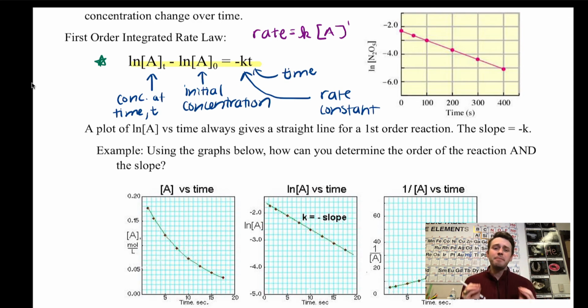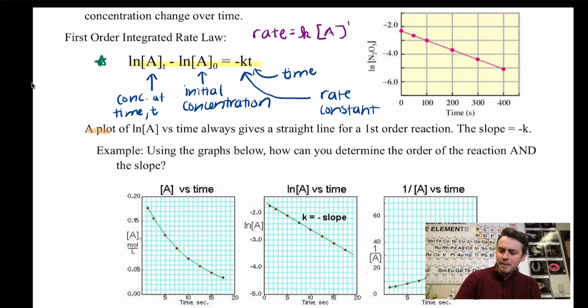Now with that being said, I have concentrations here. You can also see this be absorbance values. Since there is a direct relationship between concentration and absorbance, we can just interchange those in the formula. A big important point to make here is I can rearrange this equation to be in the form of y equals mx plus b.